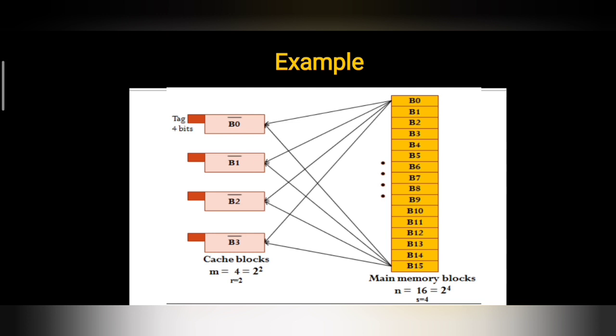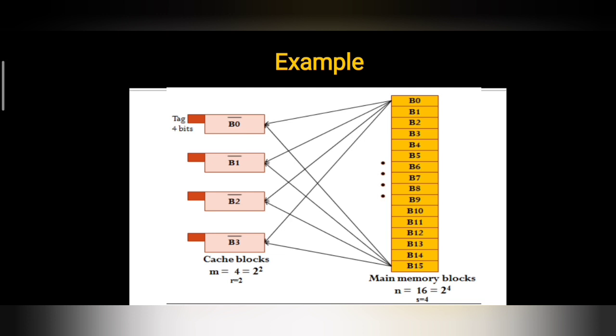Now, I just want to see which main memory block will be mapped to which of my cache memory blocks. Here my B0 main memory block can be mapped to any of the available cache memory blocks, which means my B0 main memory block can be mapped either to B0 bar or B1 bar or B2 bar or B3 bar. Whichever block is free right now, on that block it will be mapped.